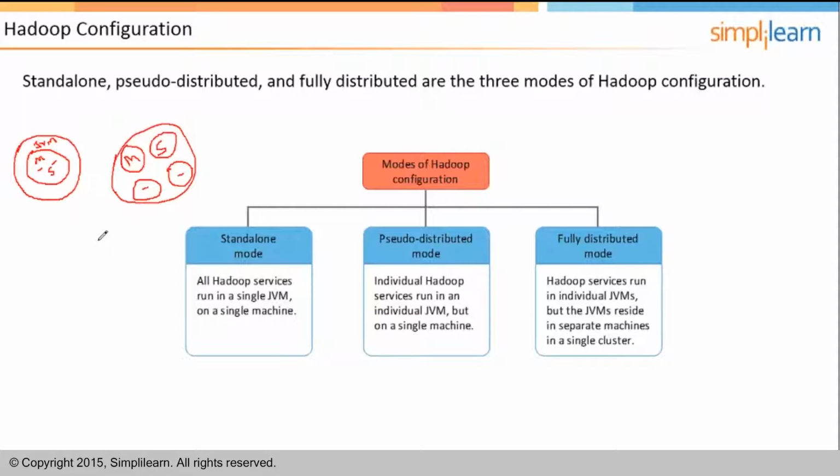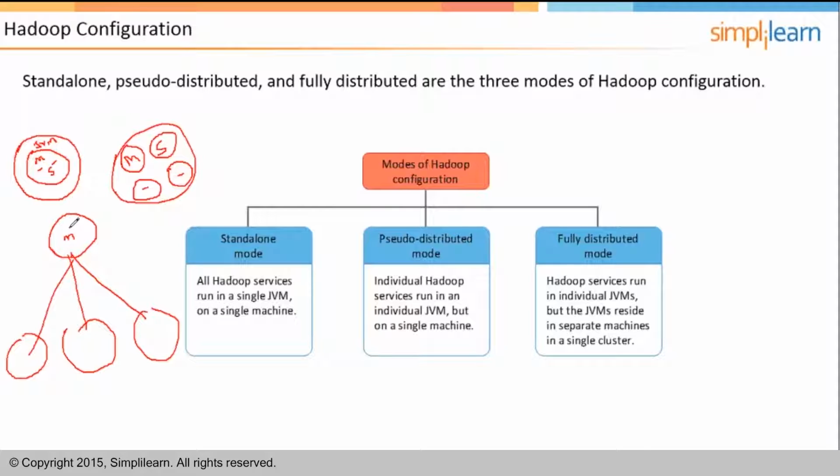And then there is something called fully distributed mode where you have master slave architecture. This is the fully distributed mode where you have multiple physical machines, just like a production environment, and all of these machines will have different processes running.